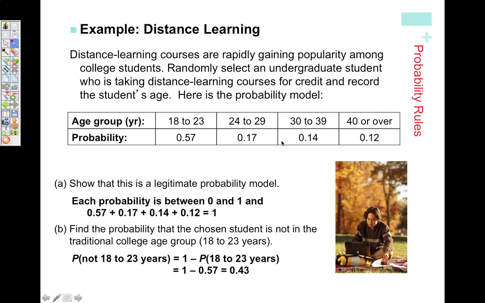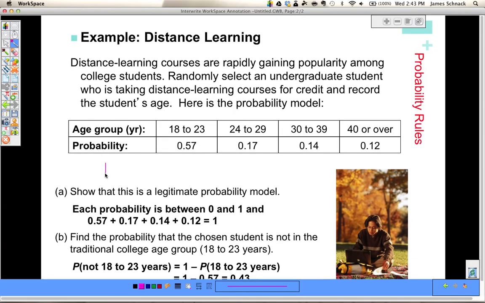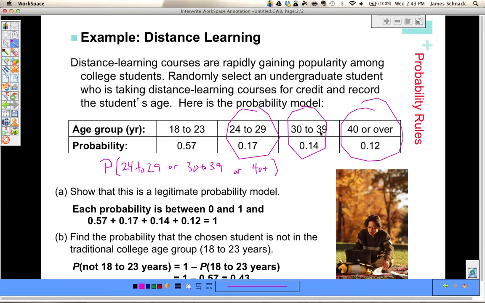Or, ladies and gentlemen, we could have done the probability of being 24 to 29, or 30 to 39, or 40 and older, and since these three events are mutually exclusive, there can be nobody overlapping in both groups at the same time. We add these three things together, and we will get the 0.43 that we found down here.